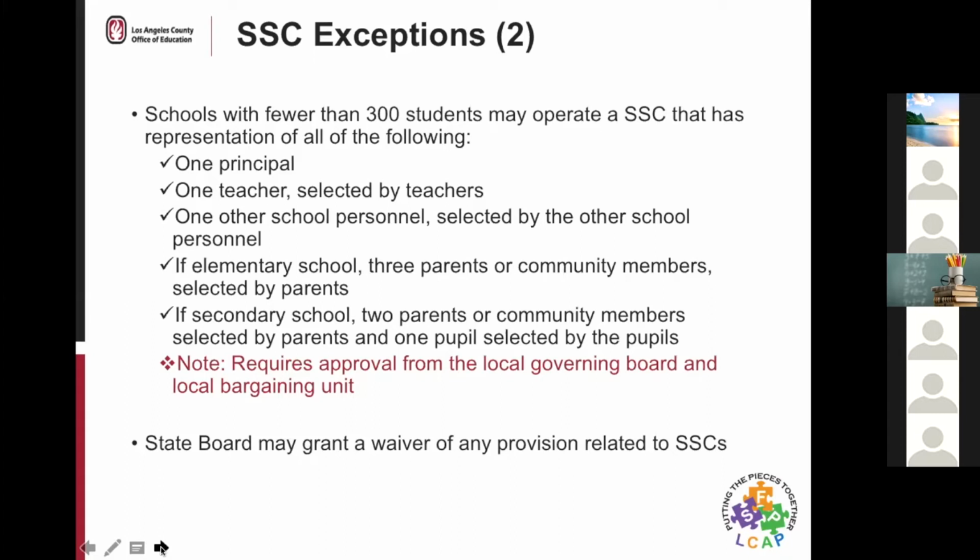Or if a secondary school, then 2 parents or community members selected by parents, and 1 student selected by students. For this exception to occur, it requires approval from the local governing board and the local bargaining unit. Additionally, a school district governing board or county board of education may request on behalf of a school site council that the state board grant a waiver of any provision related to school site councils.